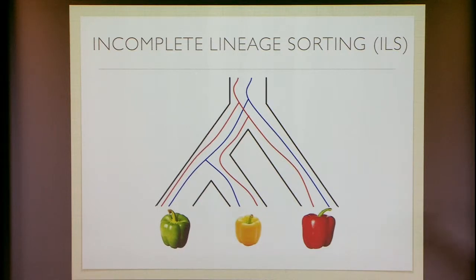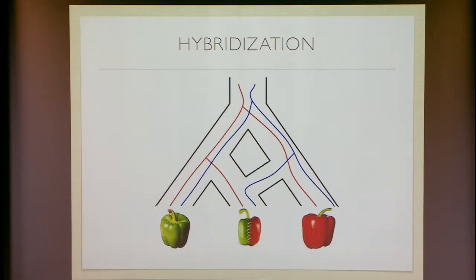So when we run into incomplete lineage sorting, again, we will be having a collection of gene trees that disagree with each other and with the species tree, and we want to infer that species tree. And another factor that can cause gene tree incongruence is hybridization.